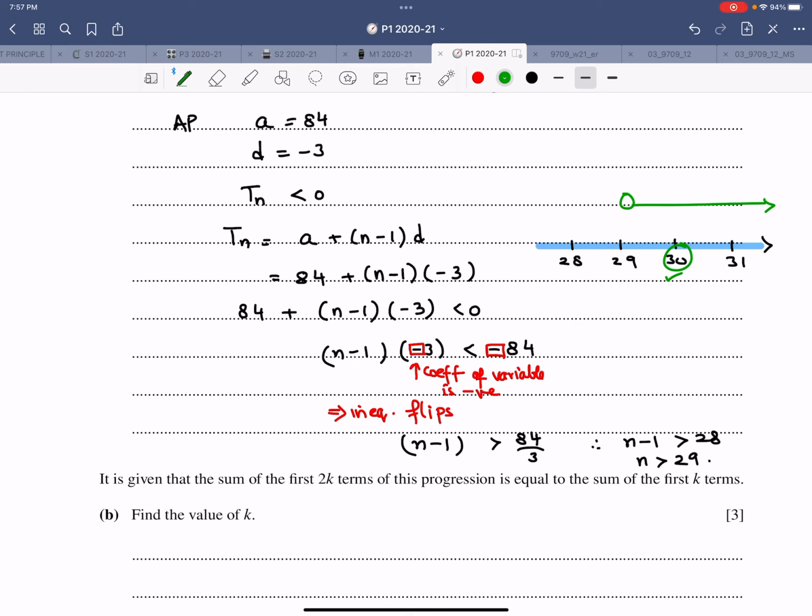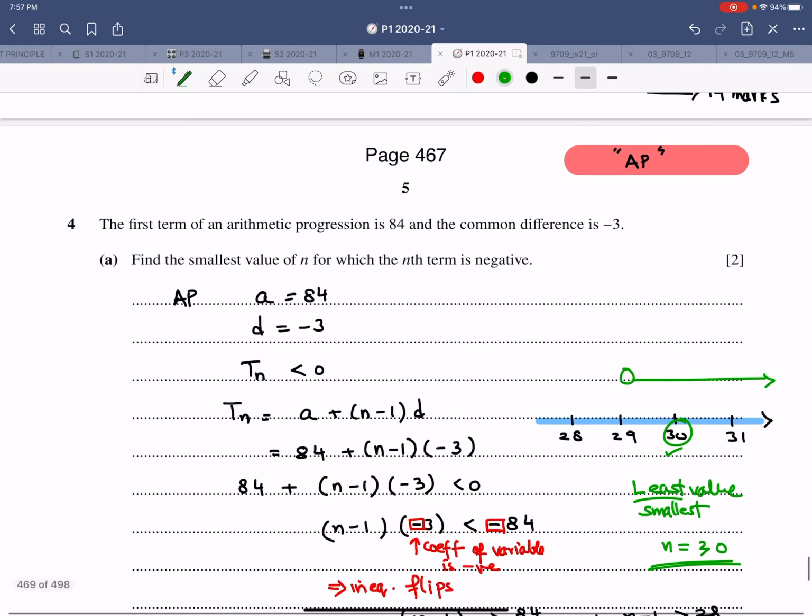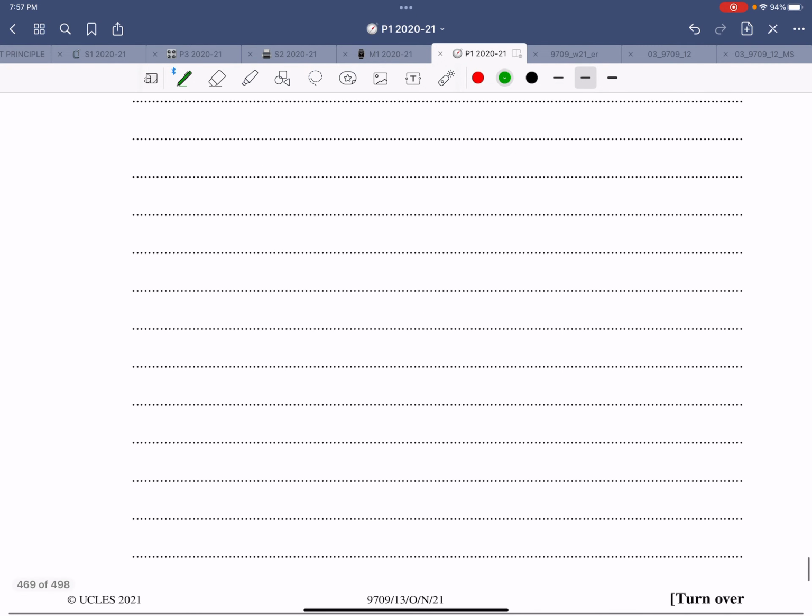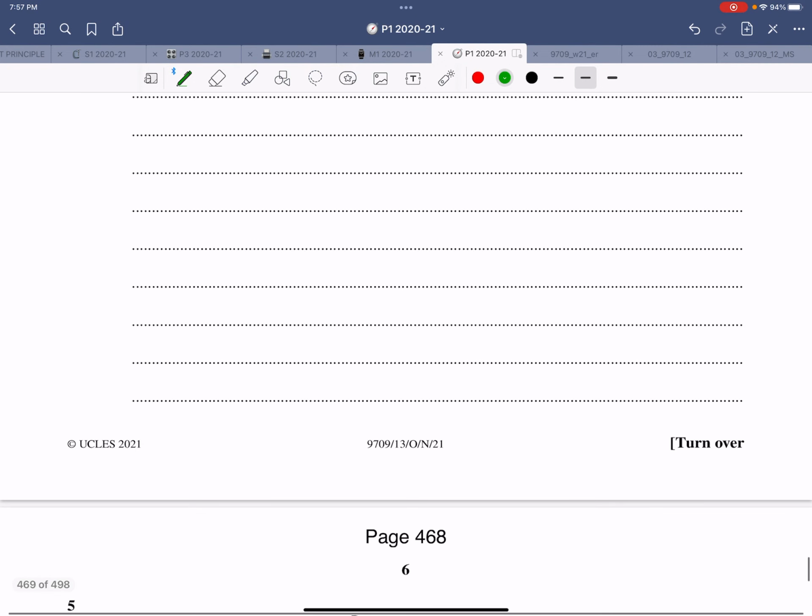But since they are asking for the smallest value, just pick the very next integer that comes. Therefore, n comes out to be 30. So that is done for this part. So 2 plus 3, that is 5. 14 plus 5 would be 19 marks. I'm just writing it and seeing how many marks we are accumulating.